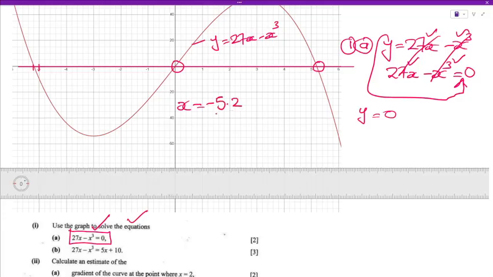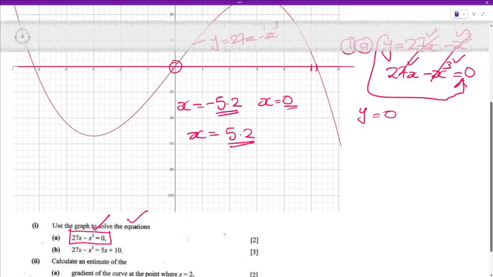I did explain how to figure out what one box is meant to symbolize. Then here it is 0, x is equal to 0. And then the last coordinate, right here. If this is 5, this will be 5.2. So 5.2. These are your answers, and you are done.